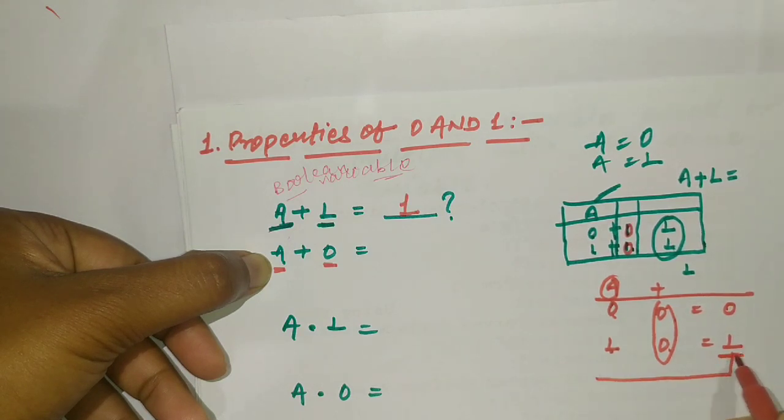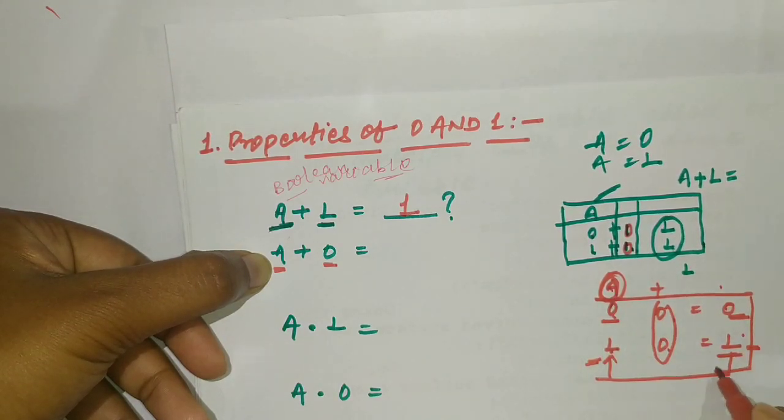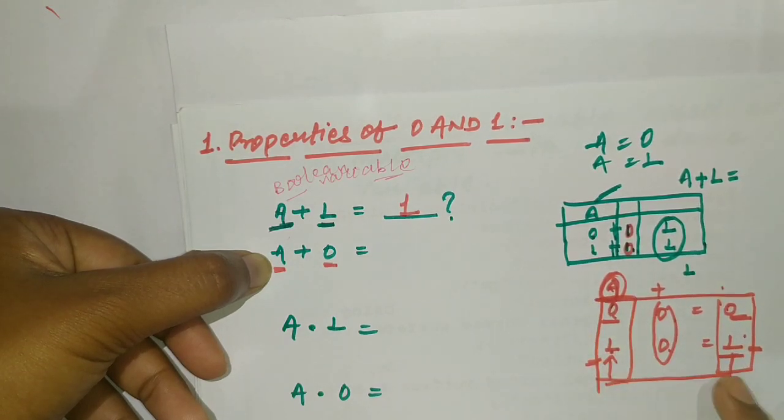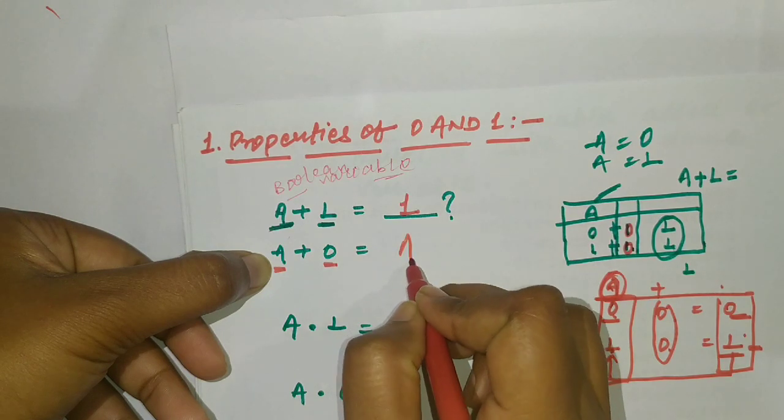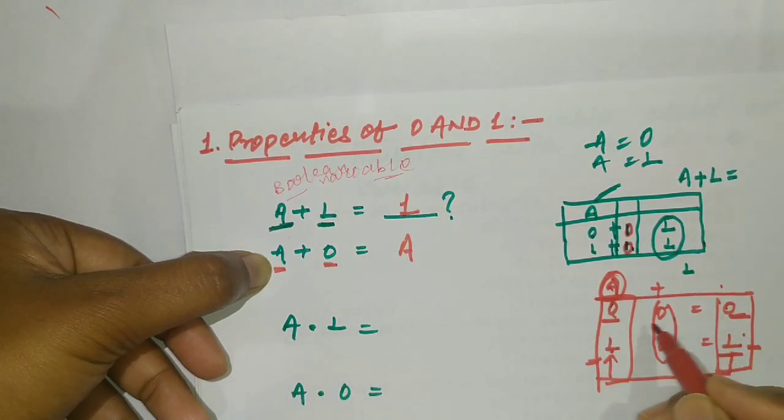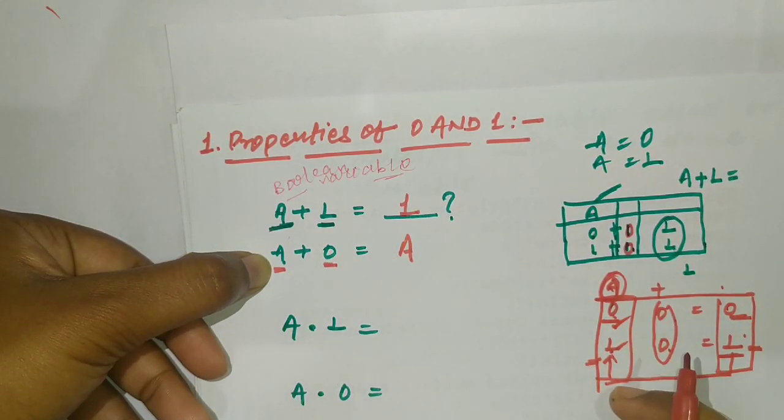It is the same as the variable a. Here the input is 0, the output is 0. The input is 1, the output is 1. So the result matches the input value. So I have written a here because the answer is the same as the input.